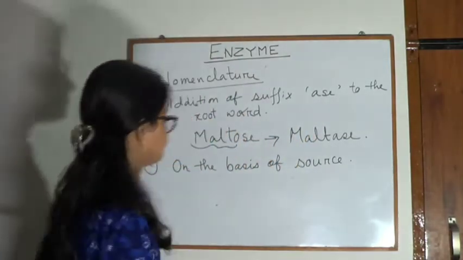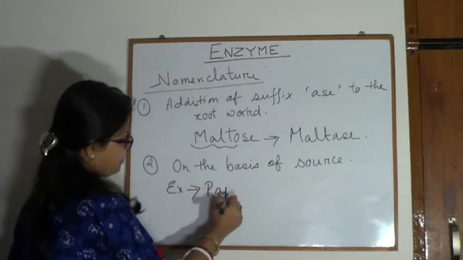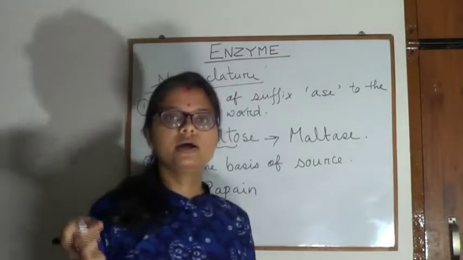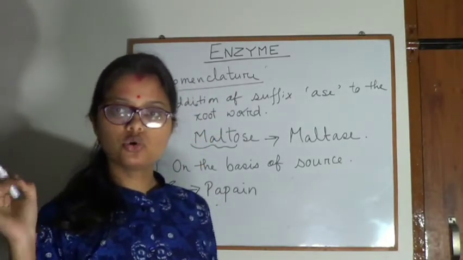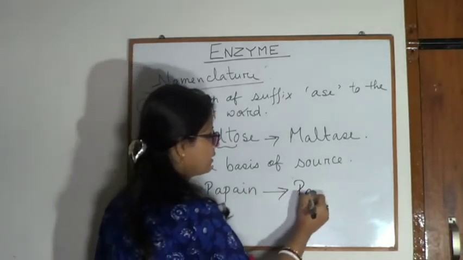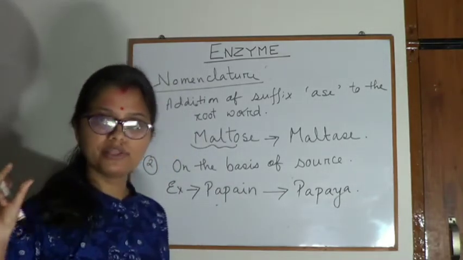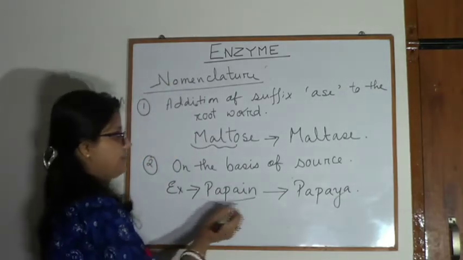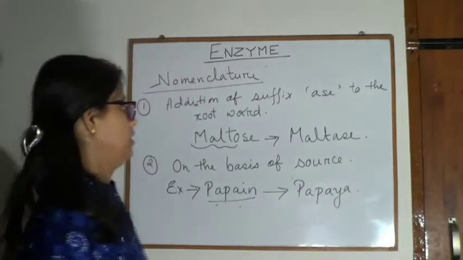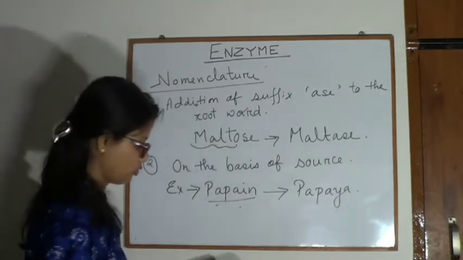For example, papain is one kind of enzyme, and the source is the papaya. You know papaya? So from the word papaya, the name papain is given. So on the basis of the source, sometimes enzymes have been named. This is the older method.